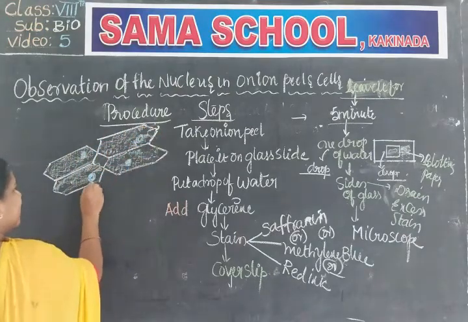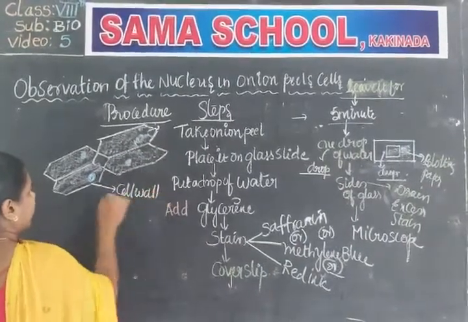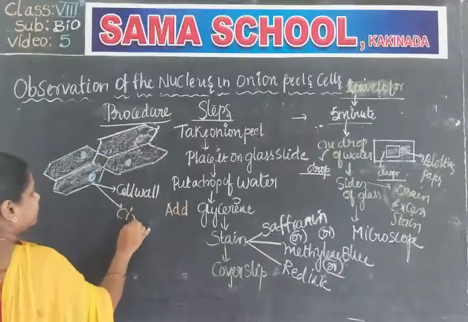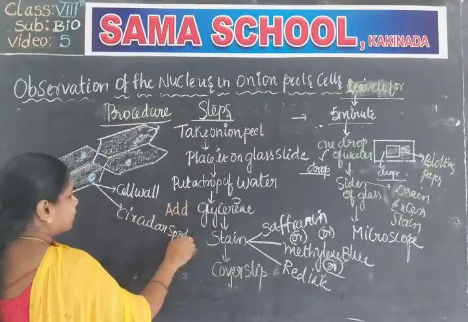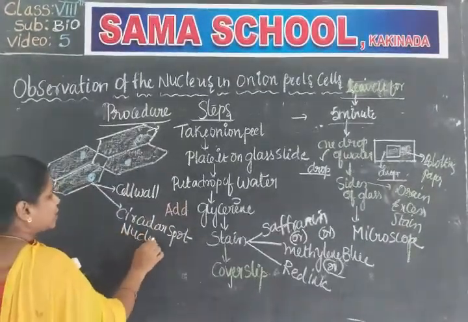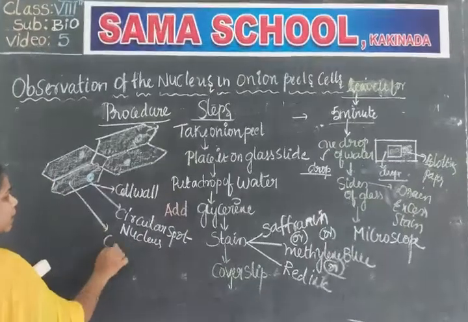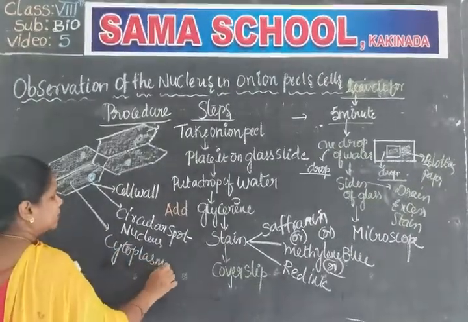You are observing a clear structure of the cell wall, and you are seeing a circular spot which is not in the center. Please listen to my version, which is not in the center. It is called the nucleus, and the fluid part which is present is the cytoplasm.